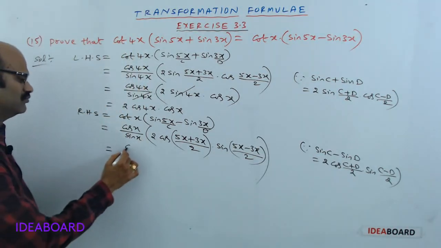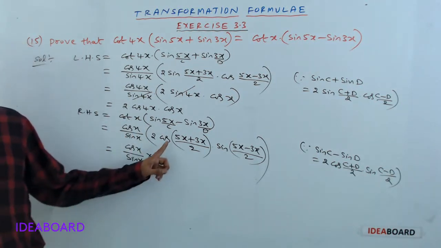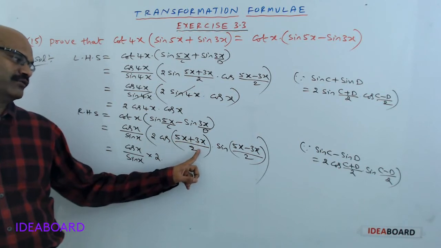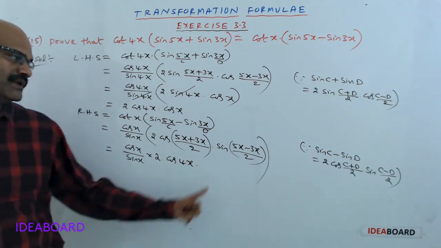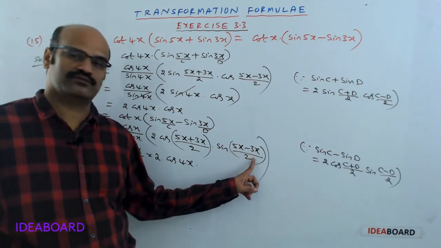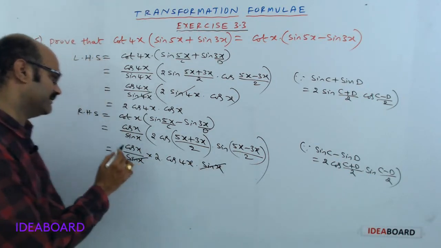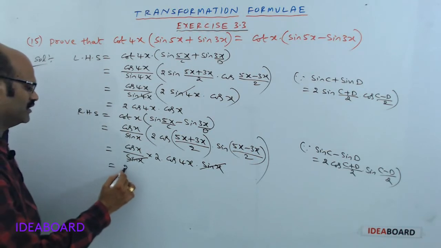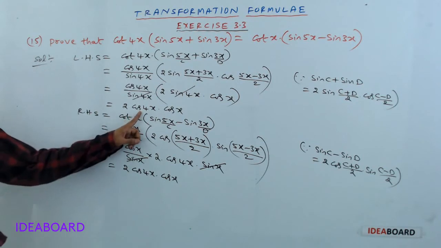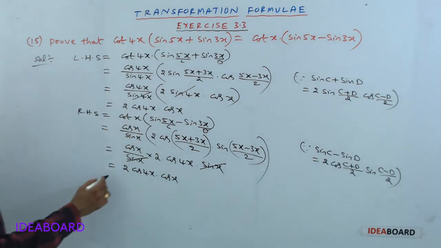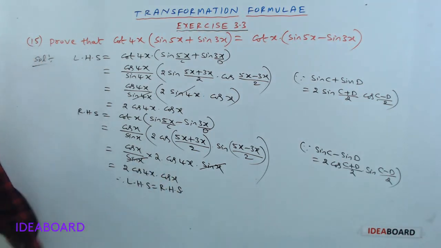Now it's equal to cos x by sin x into 2 into (5x plus 3x), 8x by 2, so 4x, 2 cos 4x, into (5x minus 3x), 2x by 2, x, into sin x. Sin x cancels. So equal to 2 cos 4x into cos x. Therefore, LHS equal to RHS. Since LHS equal to RHS, it's proved.